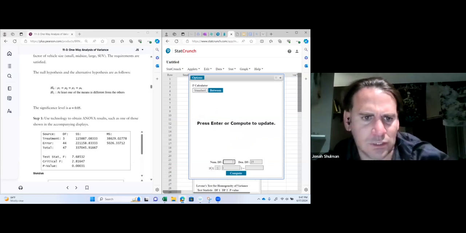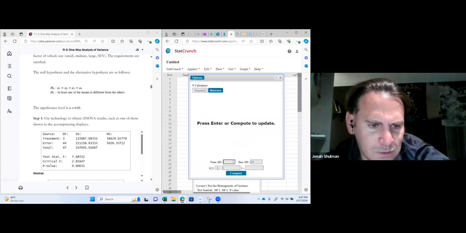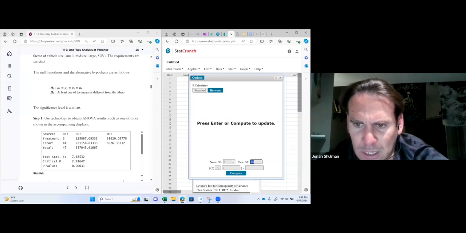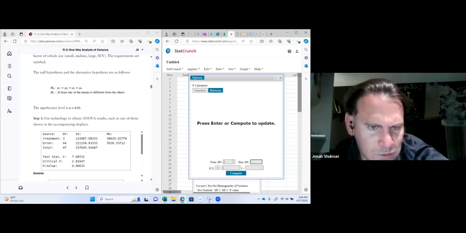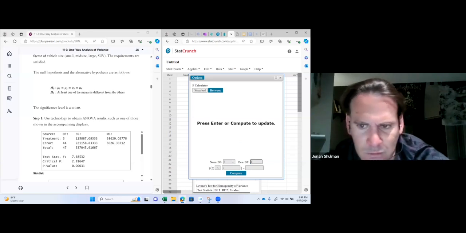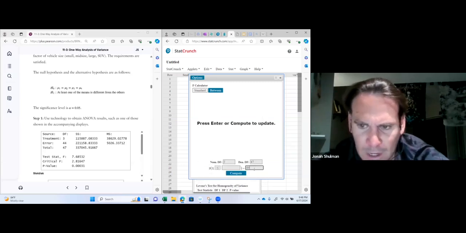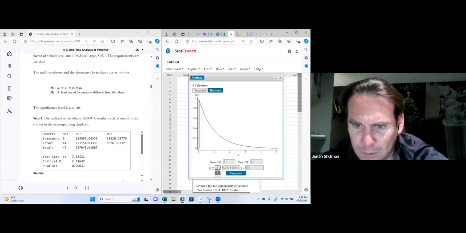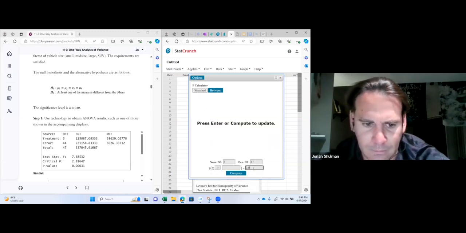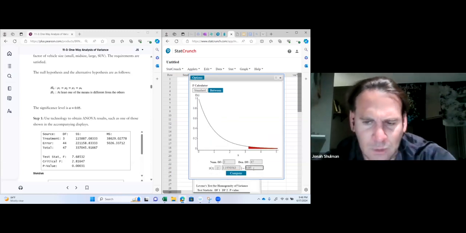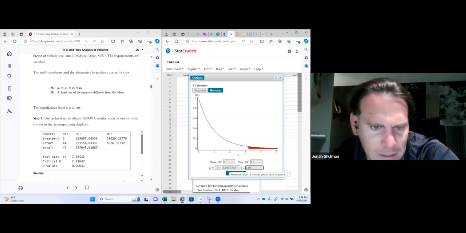I believe our numerator is going to be the small one, so that's going to be the between, so that's going to be 2. And our denominator is the whole one, which is going to be 47. And we want this at the 0.05 level. Oh, we got to swap it around. And we got a 3.19.